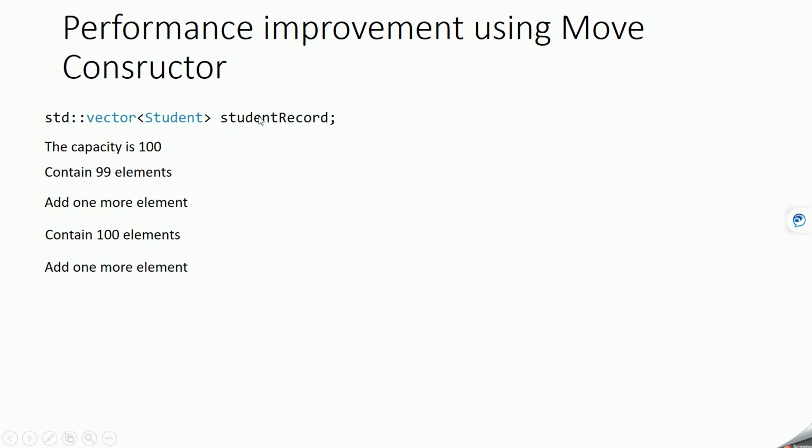Next time if we want to add one more element, then what should happen is that we have to create another vector whose capacity will be more than 100, because we have already filled this vector with 100 elements and we are trying to add one more element. So we have to allocate a new vector which can contain more elements.